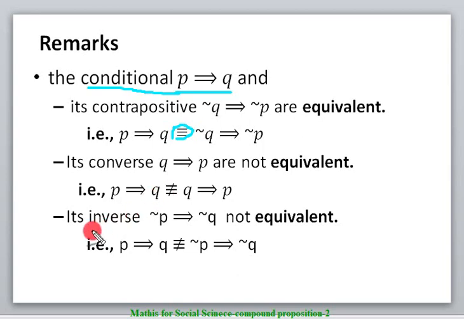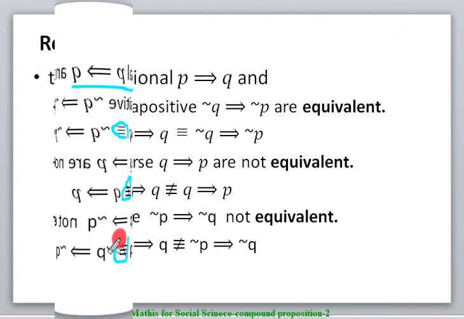They are also not equivalent, which means they do not have equal truth values. So the conditional statement and its contrapositive are equivalent, but the conditional statement and its converse are not equivalent, and the conditional statement and its inverse are not equivalent. We should not forget this.